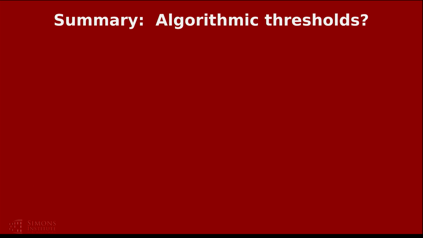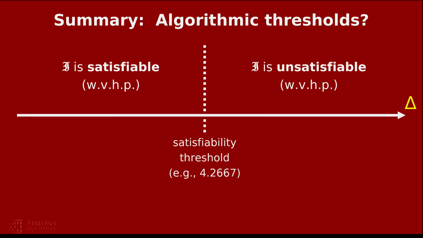Here's my last slide. In summary, I think there's something interesting going on in random constraint satisfaction problems with not just satisfiability thresholds, but algorithmic thresholds as well. If you take your random CSP instances, we tend to know that there's some satisfiability threshold where if delta is smaller than it, it's satisfiable with high probability, and if it's bigger, it's unsatisfiable with very high probability.